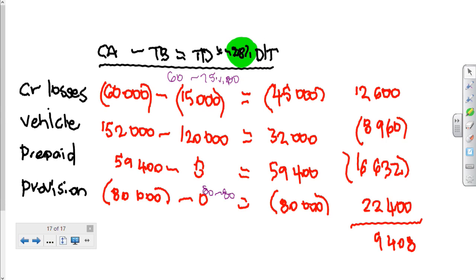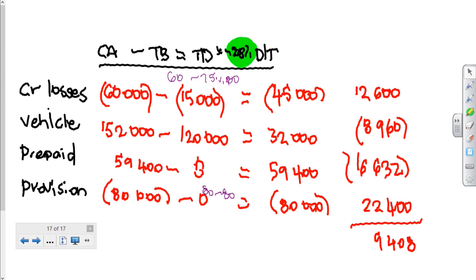Yeah? I add it up, I get 9,408. Did you guys get 9,408? Excellent. All right. So 9,408 is my deferred tax asset. We now can do the deferred tax note. That deferred tax note is in E, this isn't C yet.